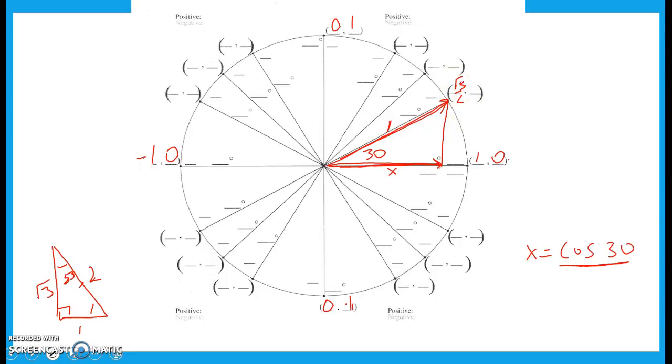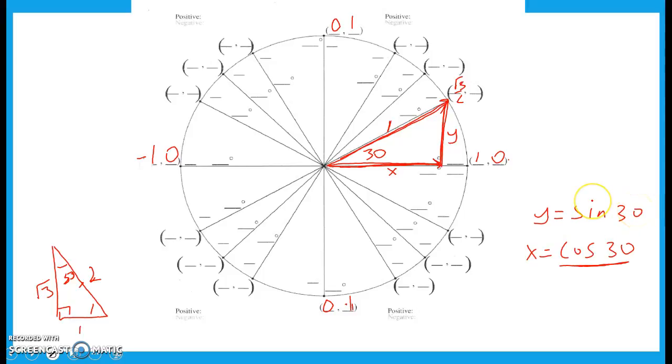Then I want to find the y-coordinate, which is this distance. How far up are we going? Well, this is the opposite side. I'm going to call it y, but it is the opposite side of the 30-degree angle. The opposite side over the hypotenuse, which is 1, is the sine. So y can be considered the sine of 30 degrees.